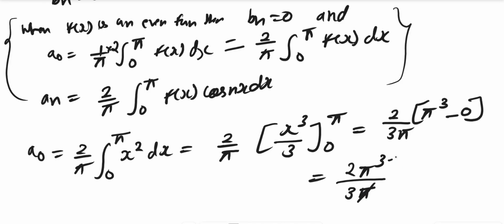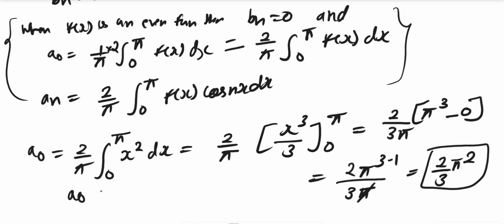Pi cancels with pi, so it is equal to 2 upon 3 pi raised to the power 2. That is, a naught is equal to 2 pi square divided by 3.